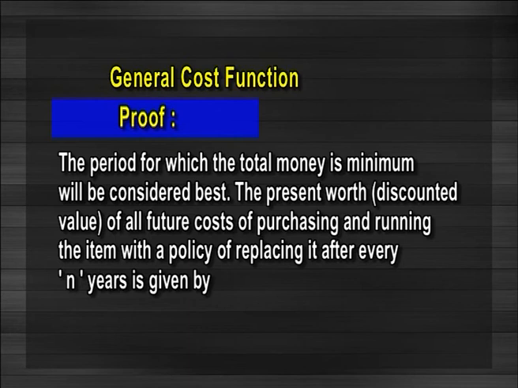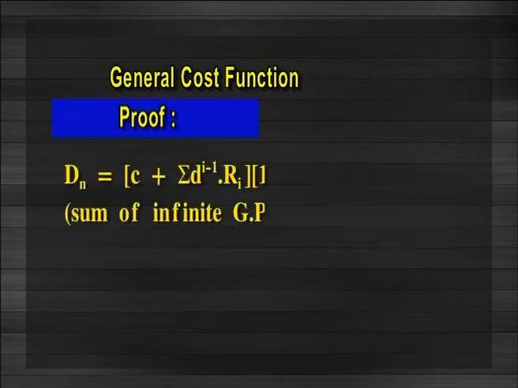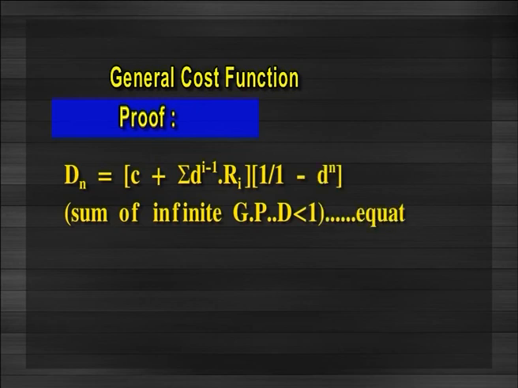The present worth or discounted value of all future costs of purchasing and running the item with the policy of replacing it after every n years is given by D of n equals C plus summation d to the power I minus 1 into R of I into 1 by 1 minus d to the power n, sum of infinite GP, d less than 1. It is represented as equation 5.